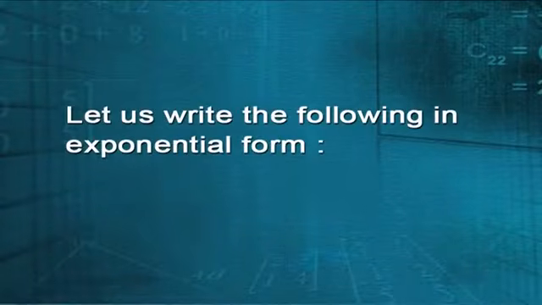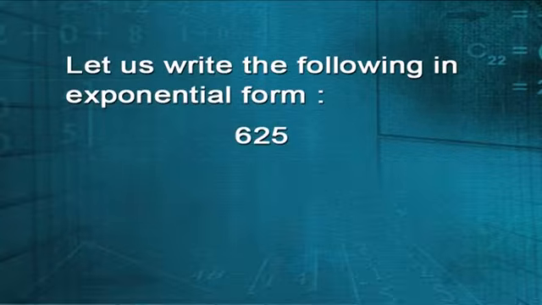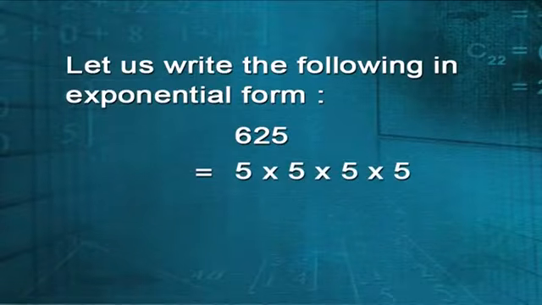Now, suppose you are given a number 625 and we want to write it in the exponential form. You know very well that 625 you can write as 5 multiplied by 5 multiplied by 5 multiplied by 5, because 5 5s are 25, 25 5s are 125, and 125 5s are 625.